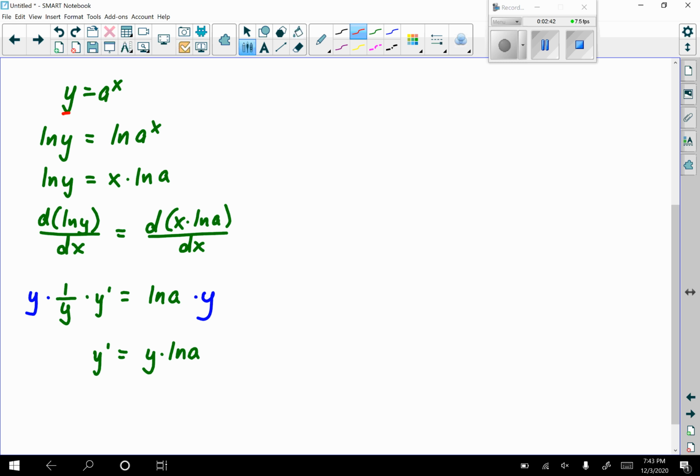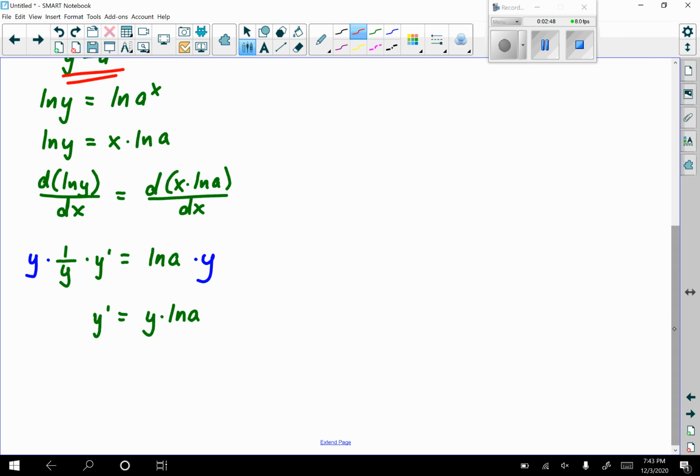So if I go back up here, much like what we did when we were looking at the derivative of the natural log of x, y is equal to a to the x. So now y prime equals a to the x times the natural log of a.